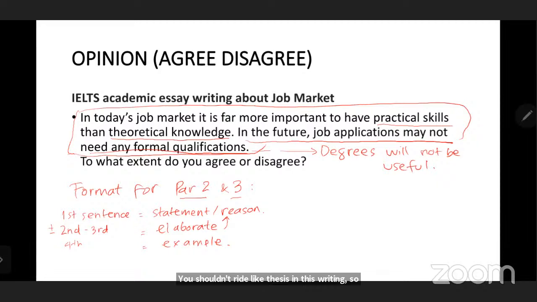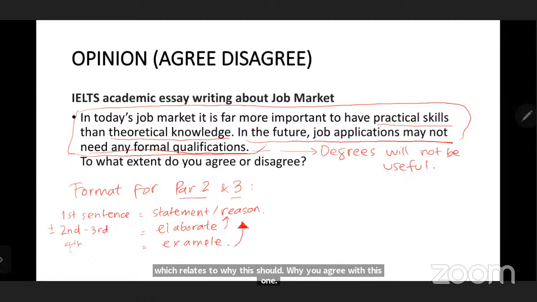So you don't have to write the source of information, like, for example, I got it from Google in, let's say, August 20th, 2021. You don't have to say that in this writing. You just have to give the example, okay, which relates to why you agree with this one.